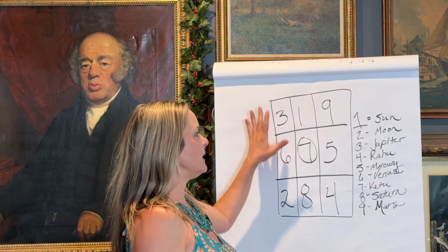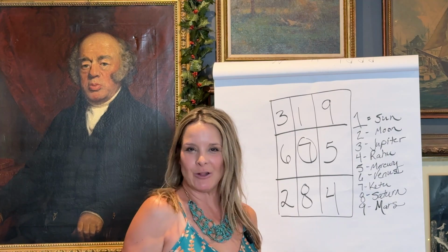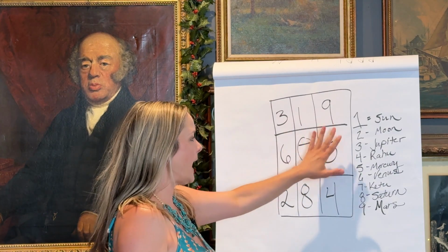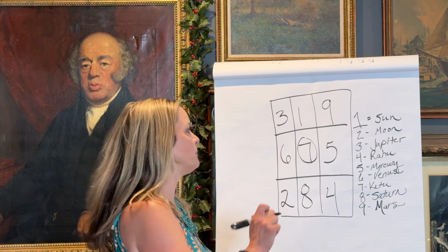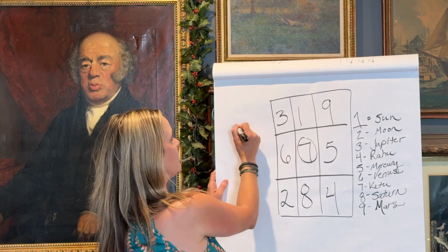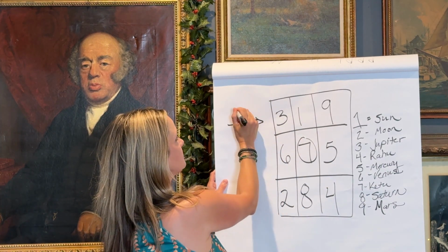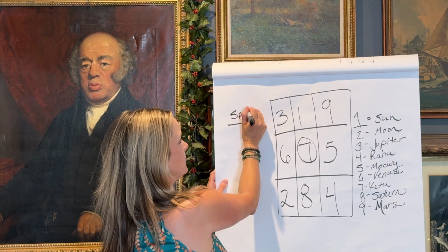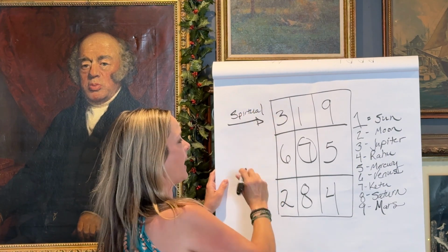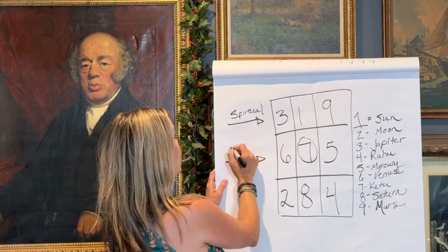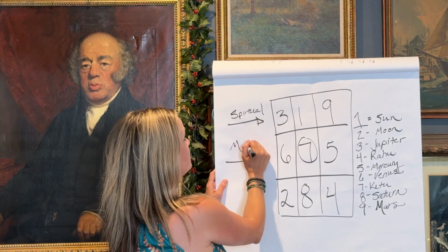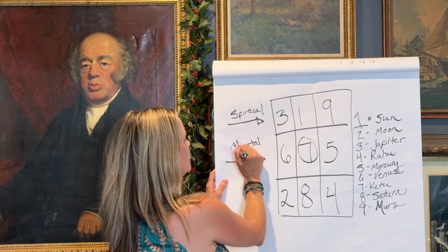Okay, so each of these things, it may not look like a lot, but every line going in any direction means something. So this line up here, the 319, this is the spiritual plane. Okay, then the 675 line is known as the mental plane or the worldly plane.